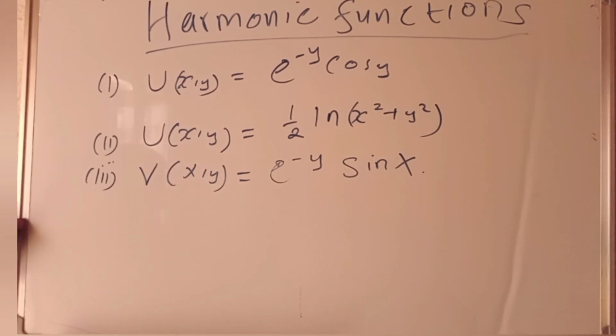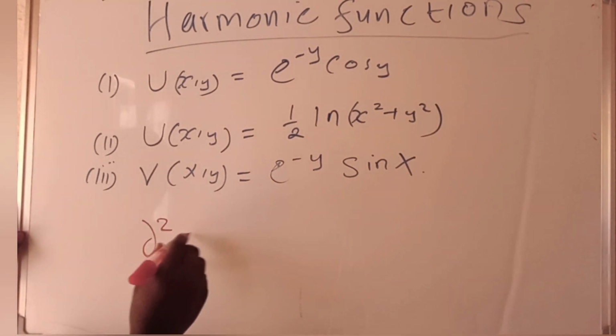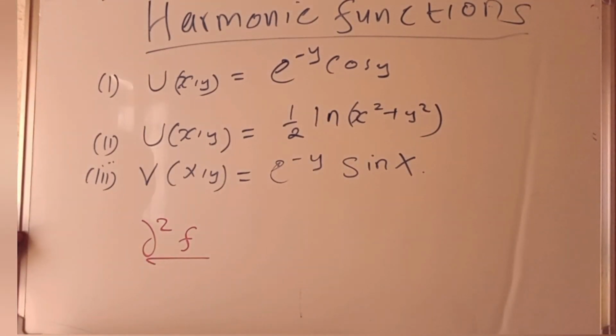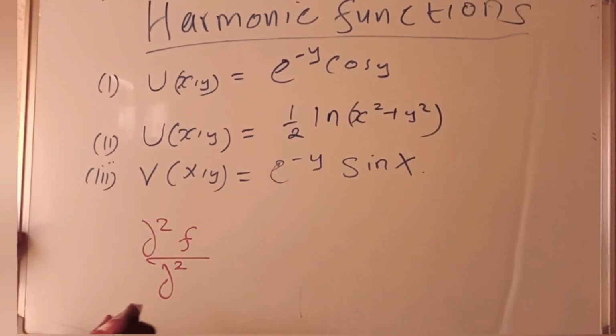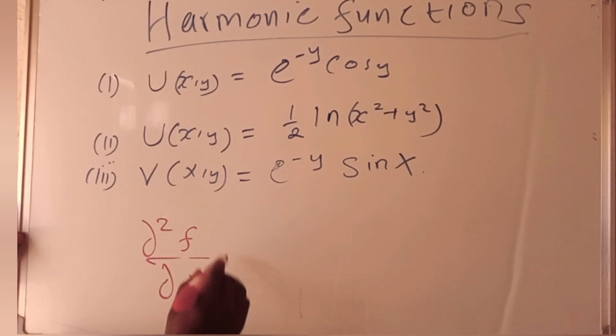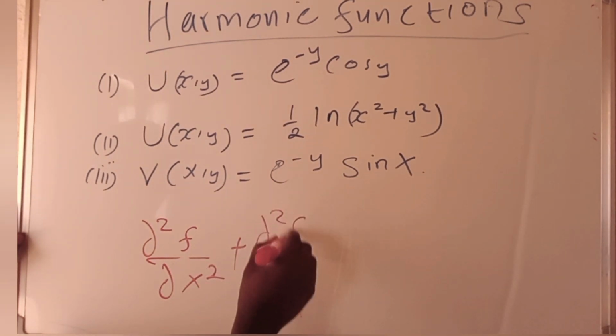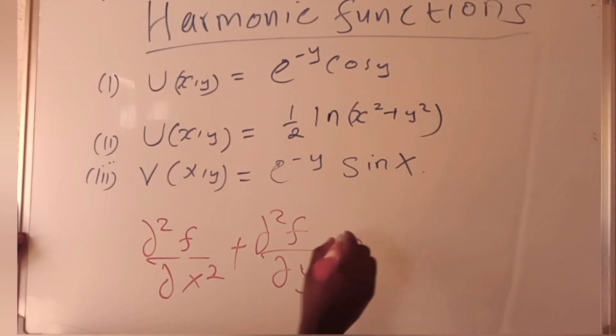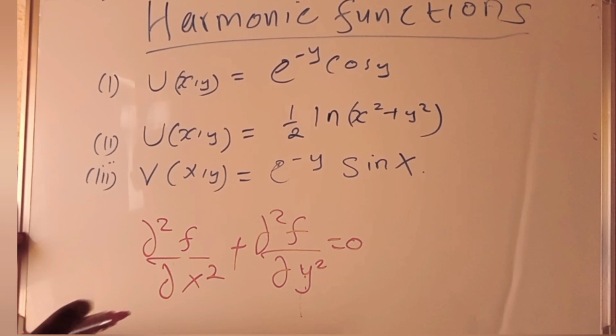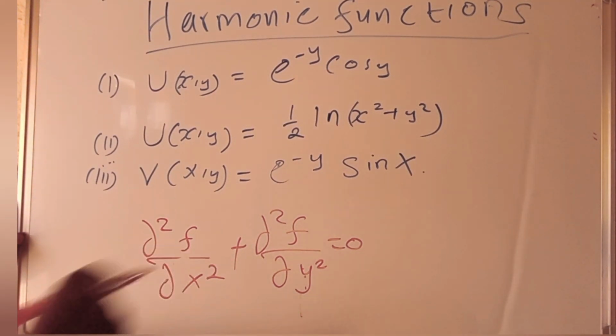A function f of z is said to be harmonic if it satisfies the Laplace equation in the form of the partial second derivative of f with respect to x plus the partial second derivative of f with respect to y is equal to 0. So a function is harmonic if it satisfies this Laplace equation.